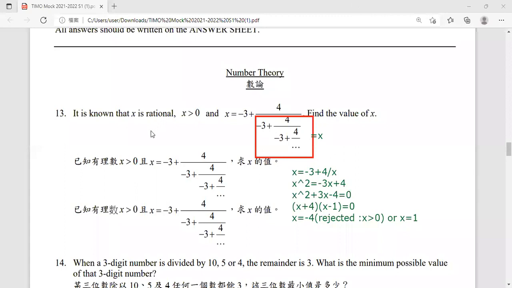Any question? Some of us may have a misunderstanding about rational. Rational means that it can be written as p over q, where p, q are integers.